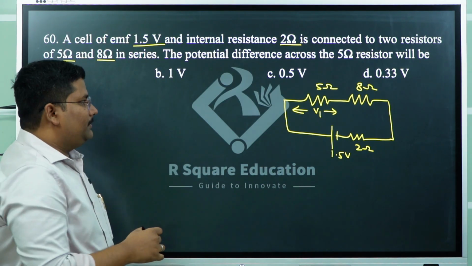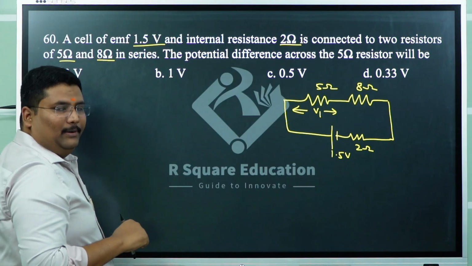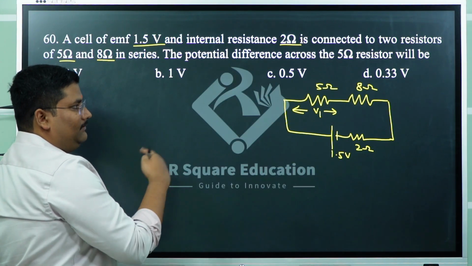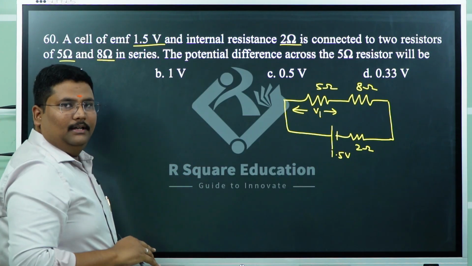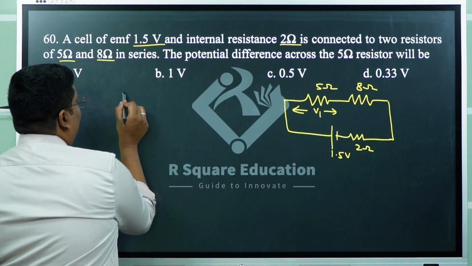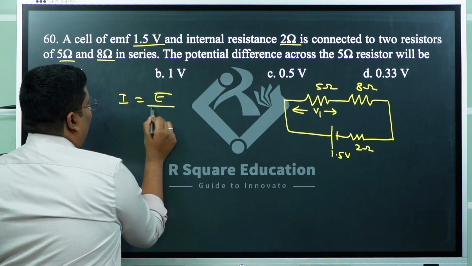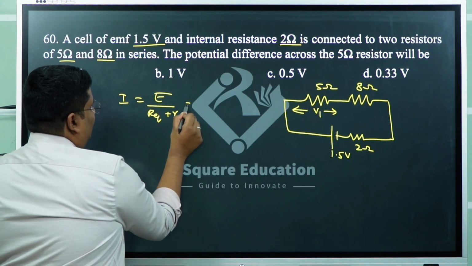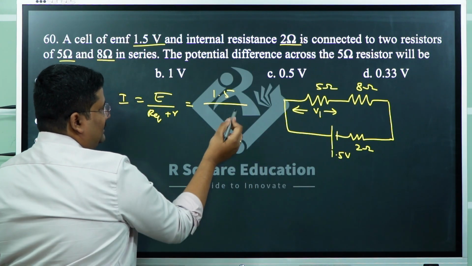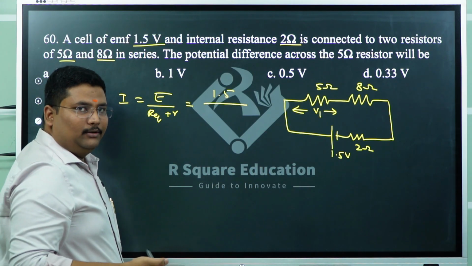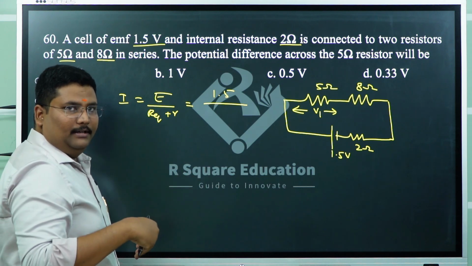So obviously we know pretty well, we have to first evaluate R equivalent, and then we can directly find the current, and then substitute it in V is equal to IR. So I is going to be equal to E by R equivalent plus r, where E is 1.5, and R equivalent is two resistors connected in series. So directly we can add those two resistors because the current is going to be the same.